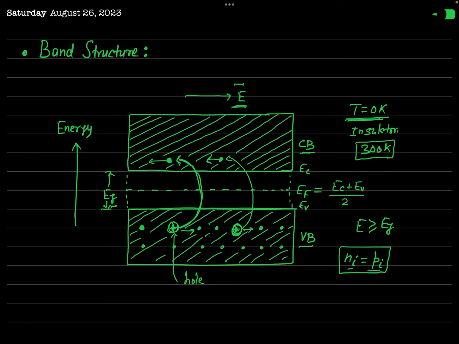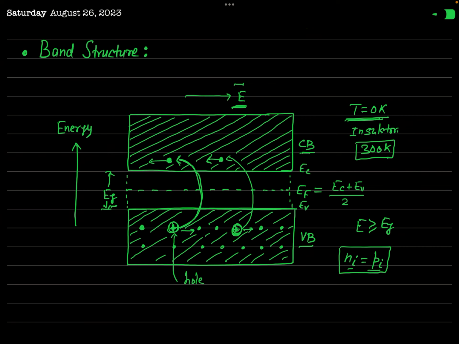Okay, but the electrons moving in the conduction band are controlled or affected only by the external electric field. So the field under which the motion of electrons takes place in the conduction band and the motion of holes takes place in the valence band are different.